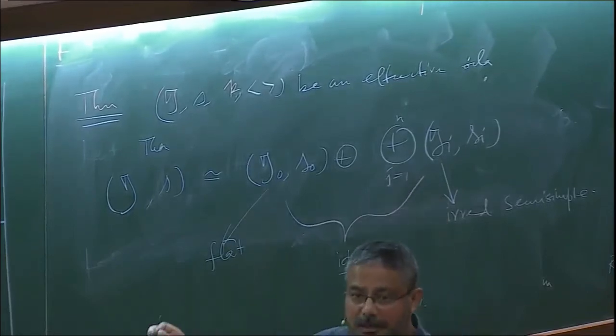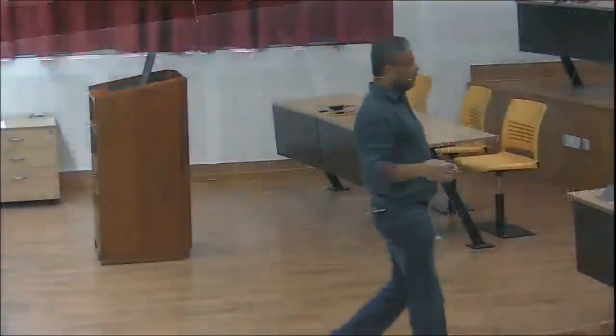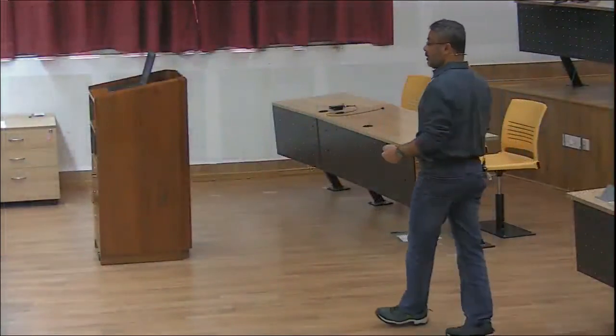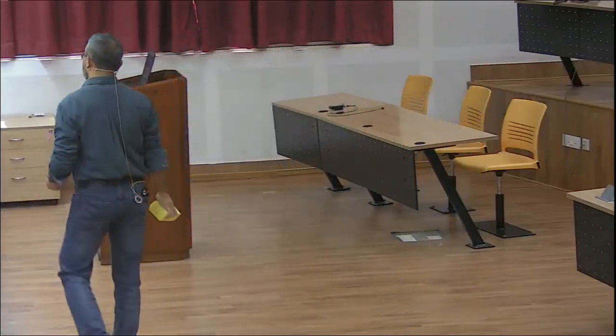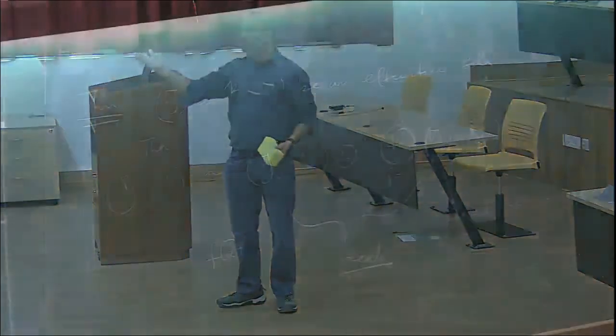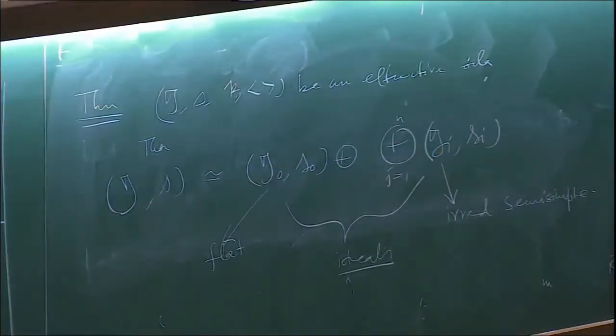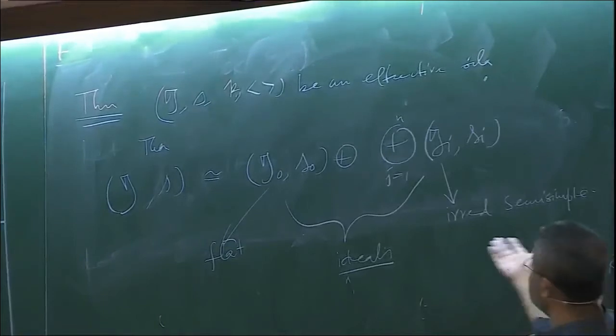But the first one is flat and all of the others are irreducible semi-simple. And what are irreducible semi-simples? So this tells me that I need to know what are irreducible semi-simples, right? Because these are all ideals.